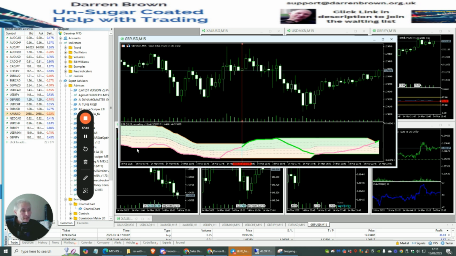So you can see that this is bear, this is bull. Right, so what's happened here? If you took this trade when it went green, you would have got in the market. This is a great scalping technique. You move this across. Now remember what I said, green is buy, pink is sell.